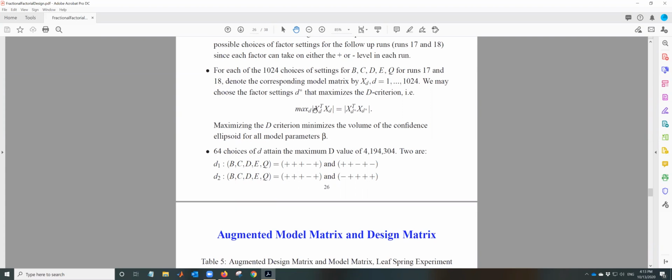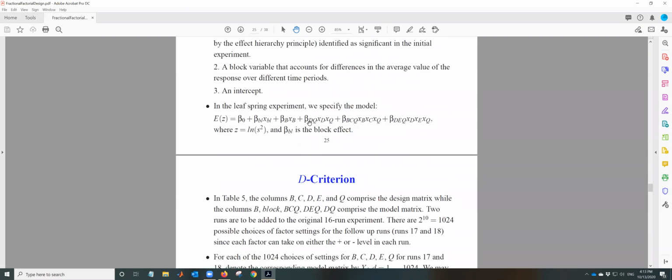Okay, so when you do the linear regression, it's X transpose X inverse, then X transpose Y, right? So what we want to do is maximize this one, the design matrix, and the factor settings, the X, the model matrix. So this is our model matrix, okay?